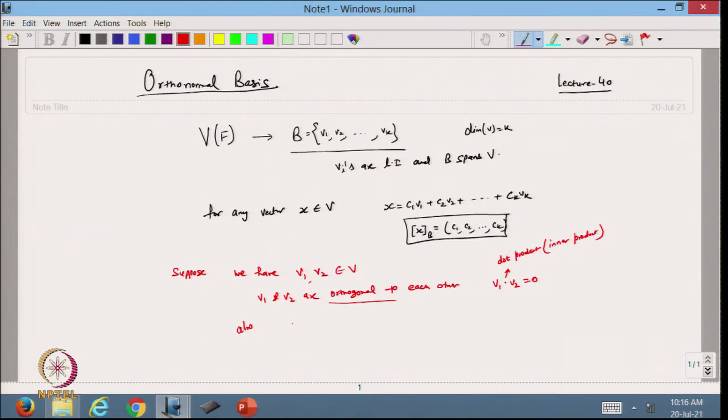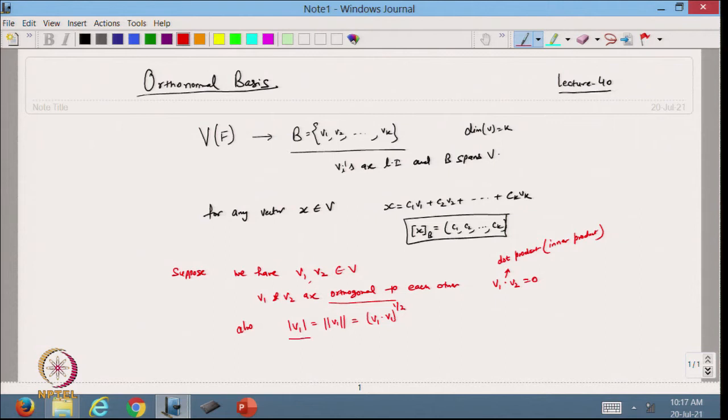Based on this, we can find the magnitude of the vector. Sometimes we write it with this symbol, which is the symbol of the norm. We represent it by taking the dot product of V1 with itself and then taking the square root.